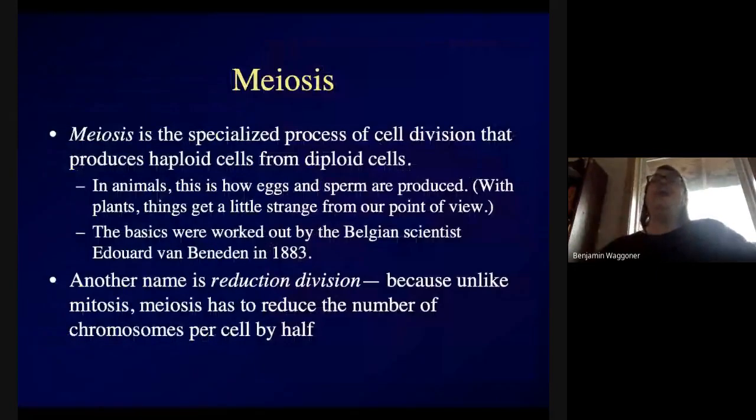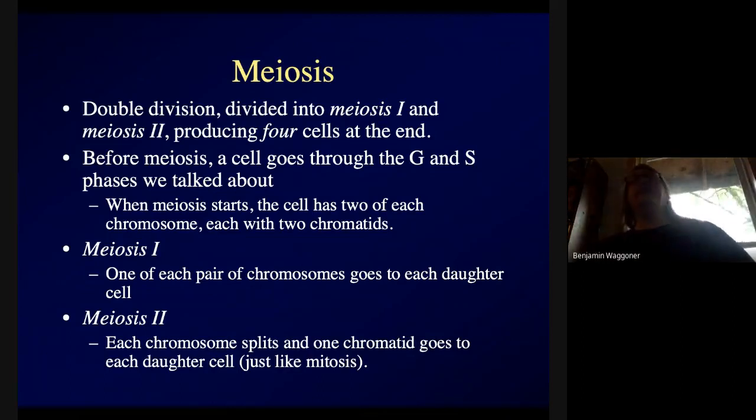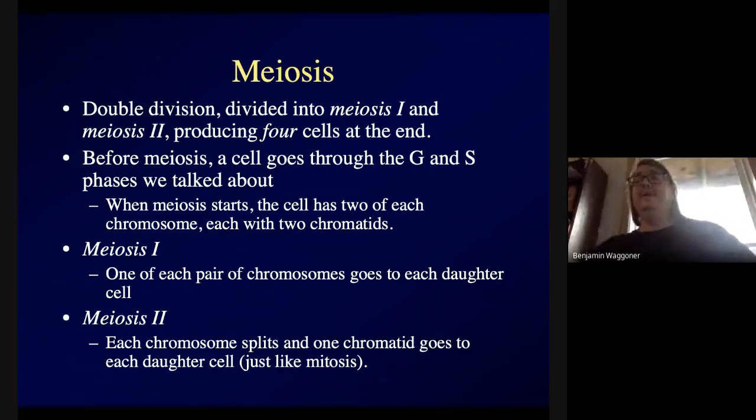So meiosis is how you produce haploid cells from diploid cells. And I'm not going to make you learn all of the stages of meiosis. You're welcome. What you need to know is that meiosis is actually a double division. It's divided into meiosis 1 and meiosis 2. At the end of meiosis 2, you have not 1 cell, not 2 cells, but 4.